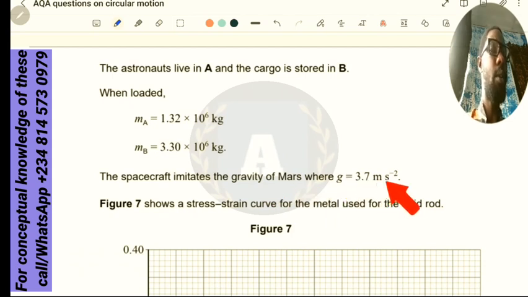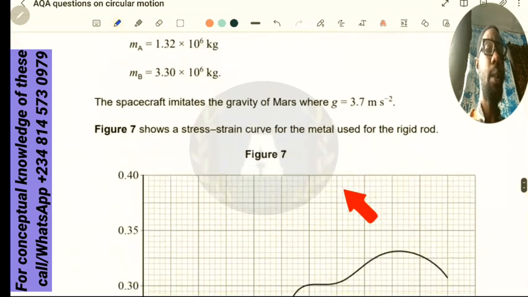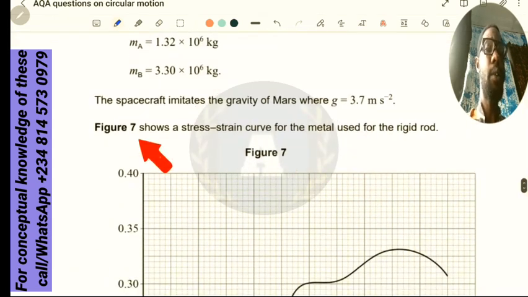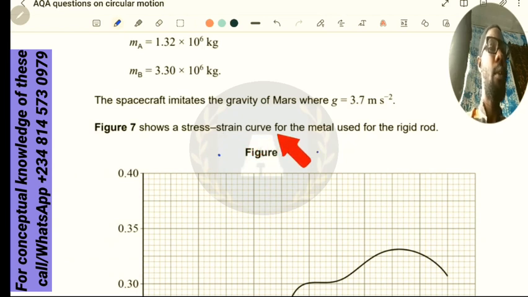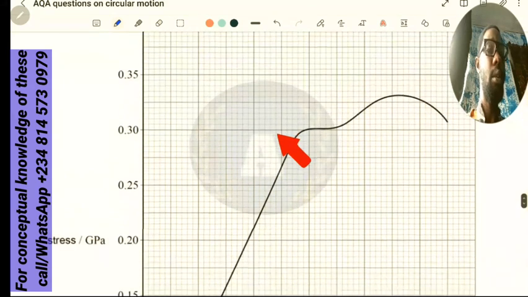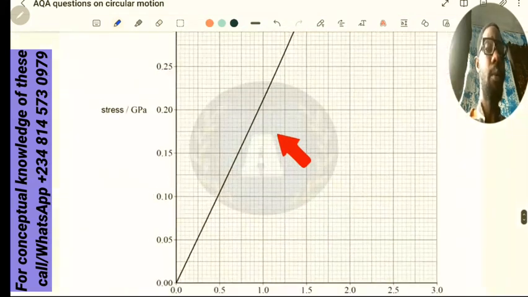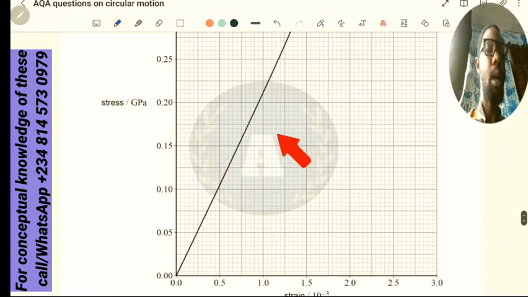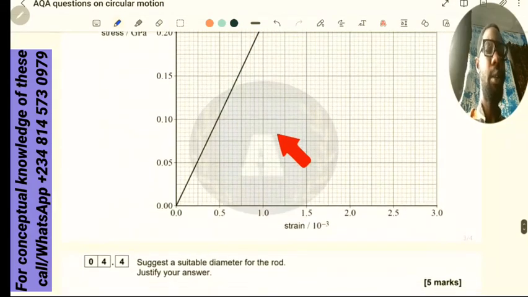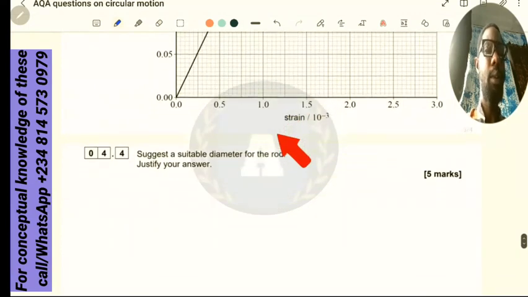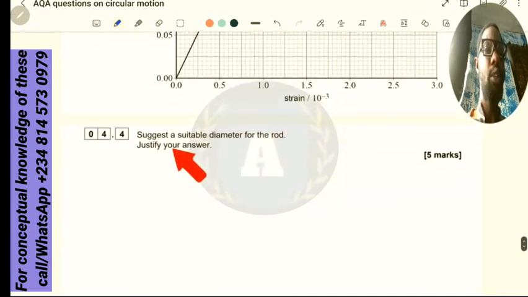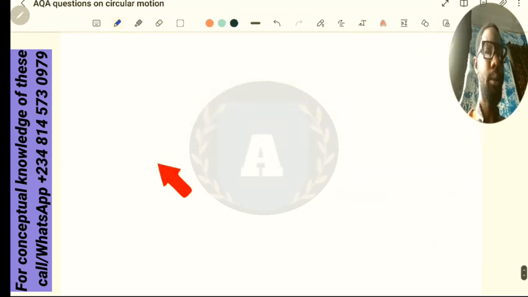This is the picture. Figure 7 shows the stress strain curve for the metal used for the rigid rod, the graph of stress in gigapascal against strain. We are asked to suggest a suitable diameter and justify your answer.